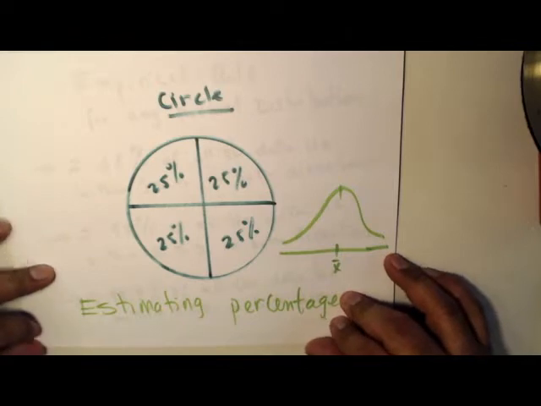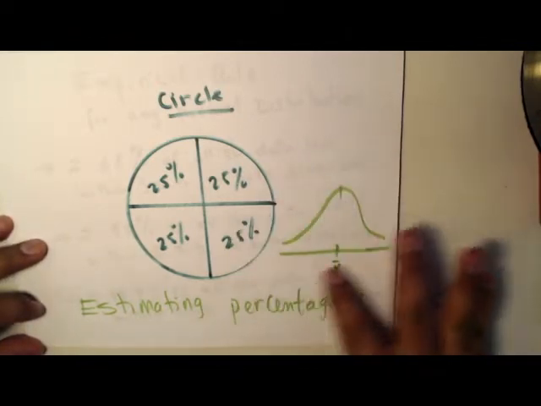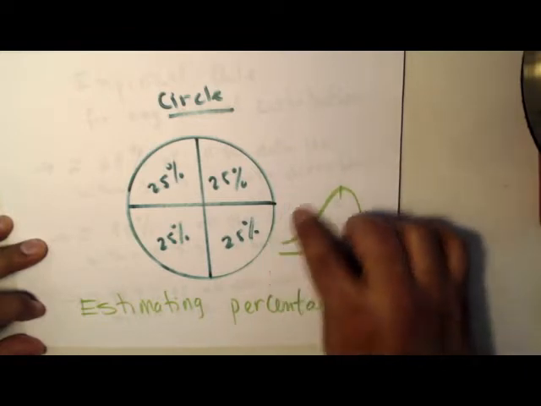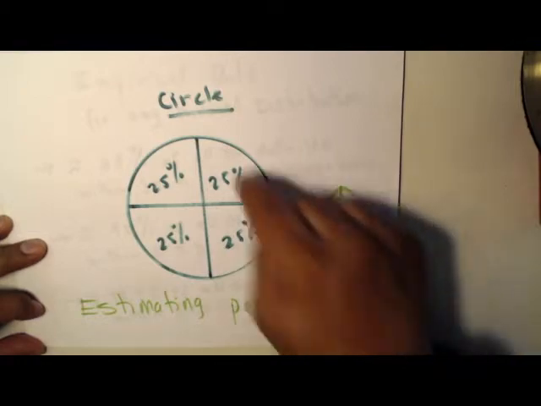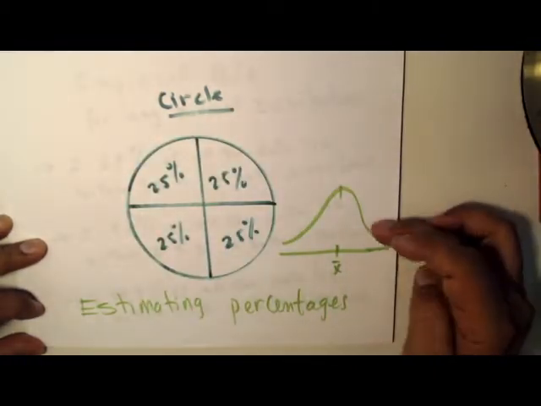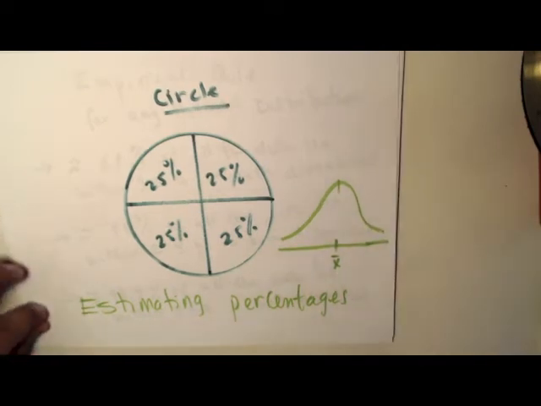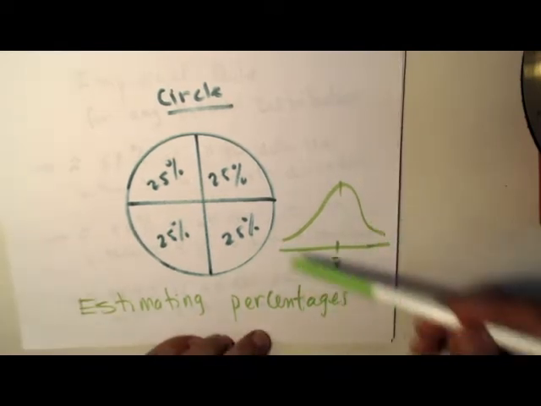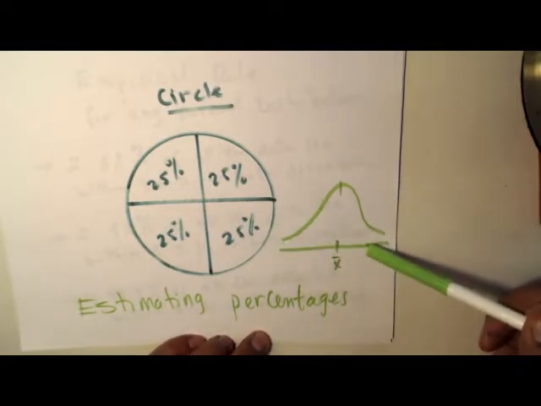And we have to learn how to remove pieces of the bell shape. So the bell shape represents 100%, like the circle represents 100%. And this one, by the way, we always say approximately 100%. And note that for the bell shape, these two lines at the end here never meet, right?